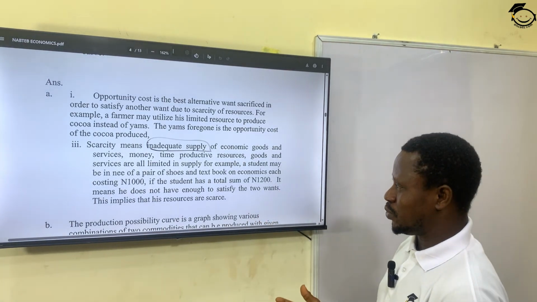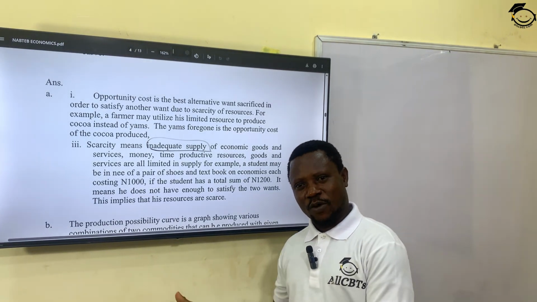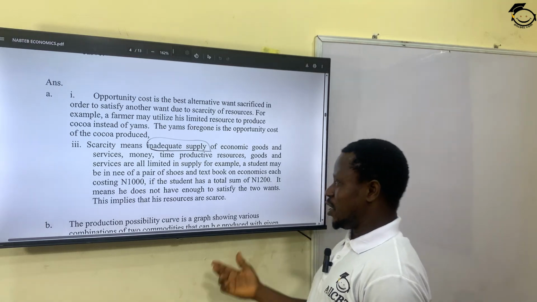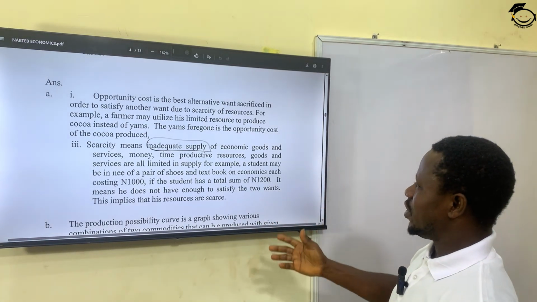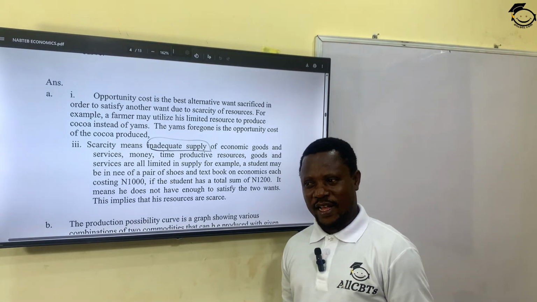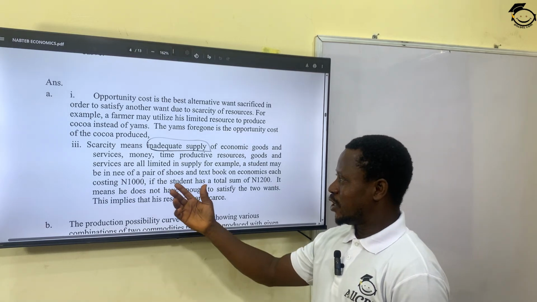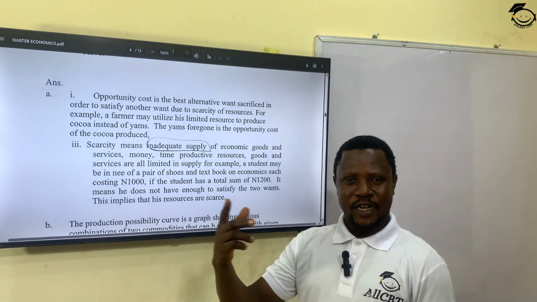So what is he going to do? The only thing he has to do is to buy one of them and leave the other one for another time. So if the student chooses to buy the textbook, maybe it's pressing to him or her at the moment, what has he done? He has sacrificed the shoe to satisfy the book.